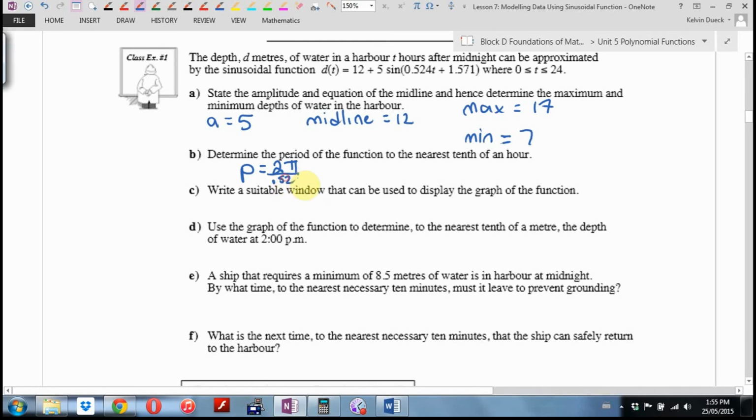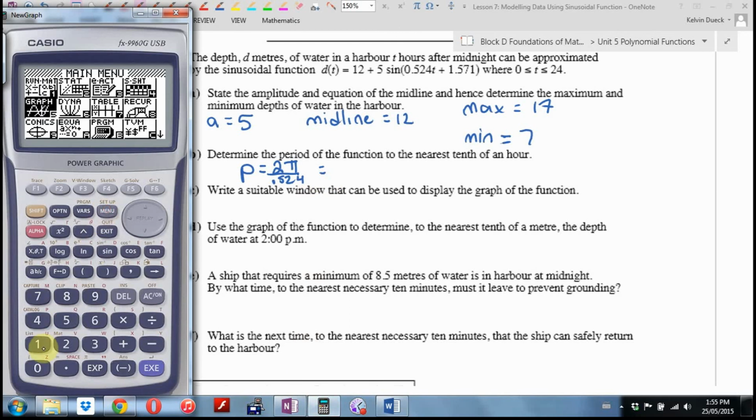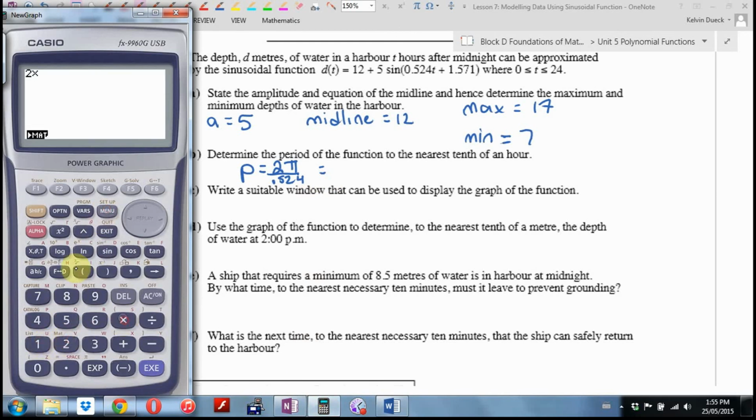Yeah. What's the period? Let me find out. 2 times pi divided by 0.524. 11.99. You know what? What's this really supposed to be? Every how many hours? 12 hours, right? Every 12 hours.